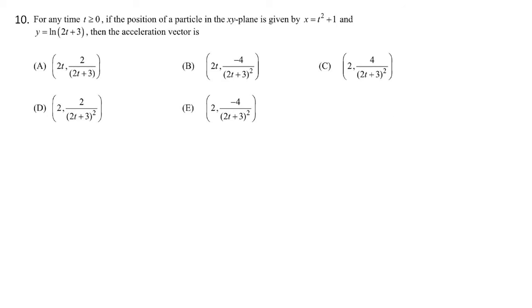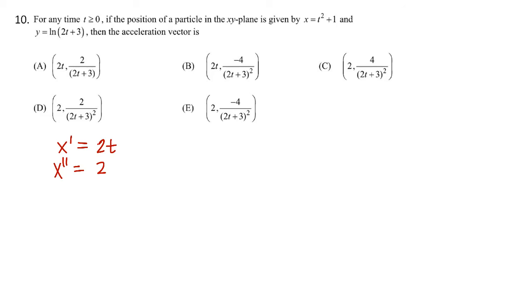Okay, and for the last one, we are given the position vector, and we are asked to find the acceleration. So we need the second derivative here. So let's take x prime, and that's going to be 2t, and then the second derivative is going to give me 2.